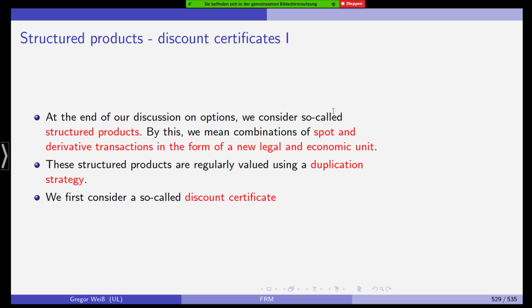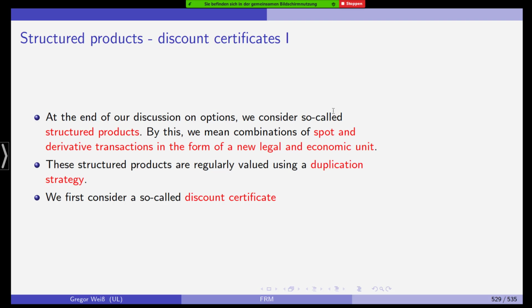Okay. Now you've seen all these different option strategies, and what is done in structured finance and investment banking is that the trading departments in investment banks will take these instruments, combine them, and form new contracts. These are called certificates, Zertifikate, structured products, financially engineered products.